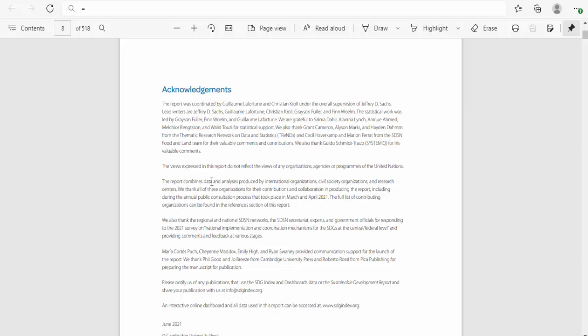The report combines data and analyses produced by international organizations, civil society, and research centers. We thank all of these organizations for their contribution and collaboration in producing the report, including during the annual public consultation that took place in March and April 2021. We also thank the experts and government officials for responding to the 2021 survey on national implementation and coordination mechanisms for the SDGs.